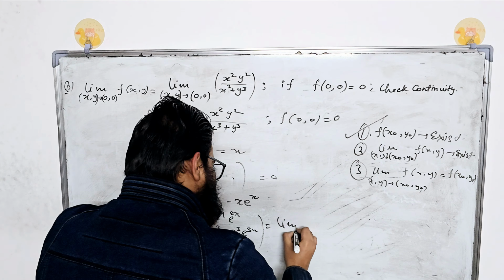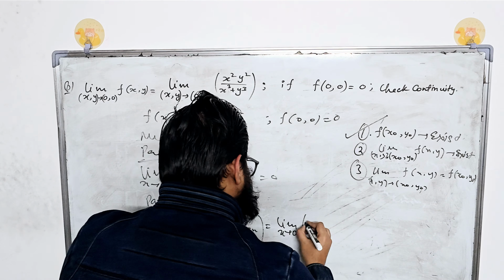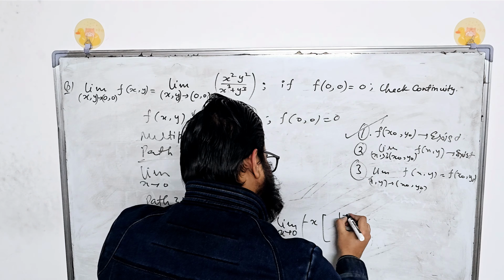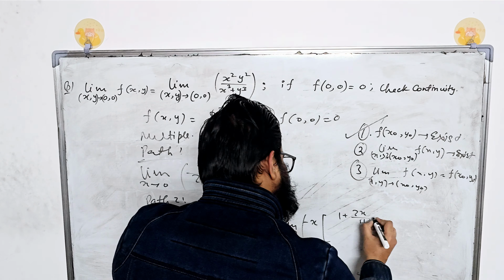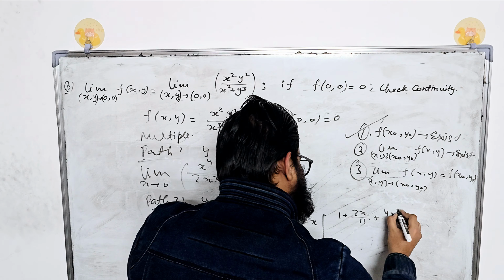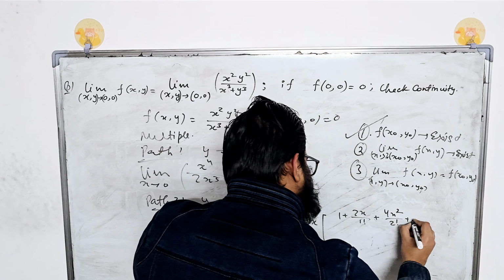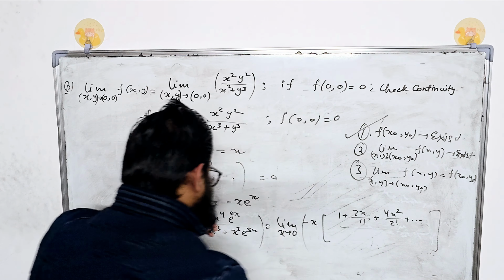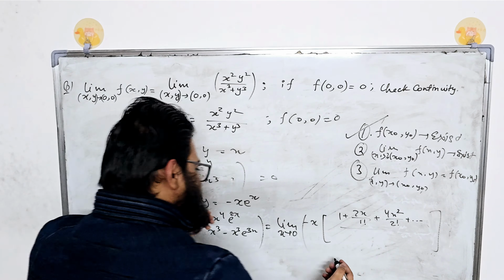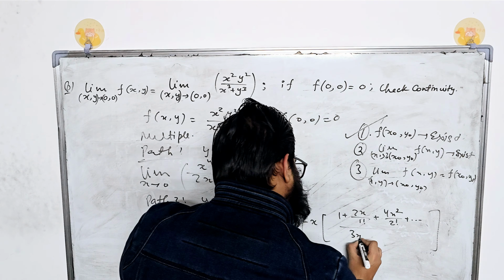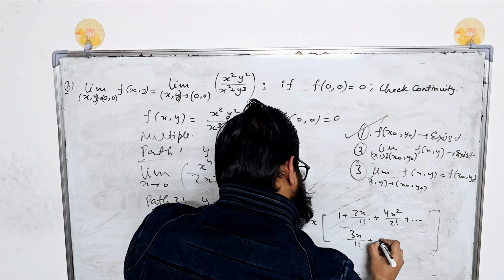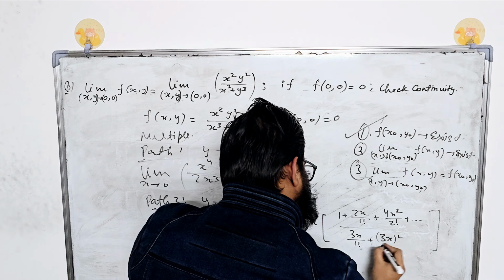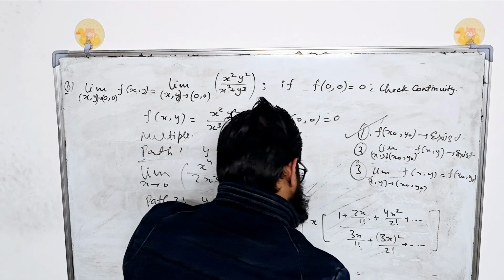You will end up getting this limit as x tends towards 0 of negative x times the expression 1 plus 2x/1! plus (2x) squared/2!, and so on and so forth, divided by the expression 1 minus (1 plus 3x/1! plus (3x) squared/2!, and so on and so forth), right?